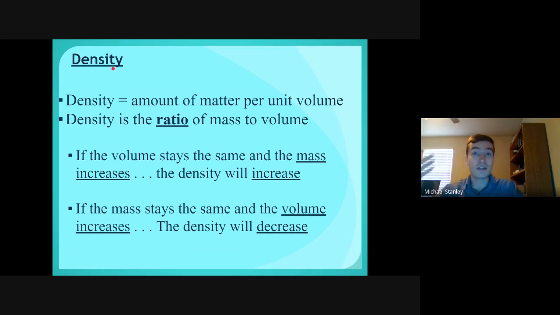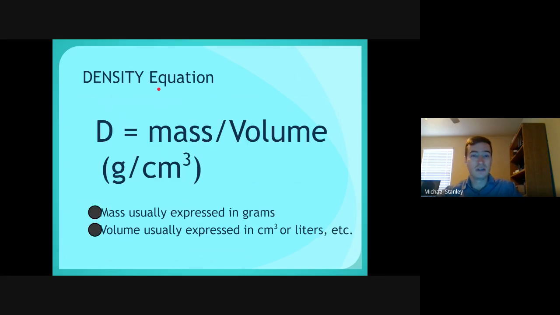So the way that we describe density scientifically or mathematically is this wonderful equation right here. This slide and the slide after it are probably the two most important slides that we're going to go over for our class today. So we've got density is equal to mass divided by volume.